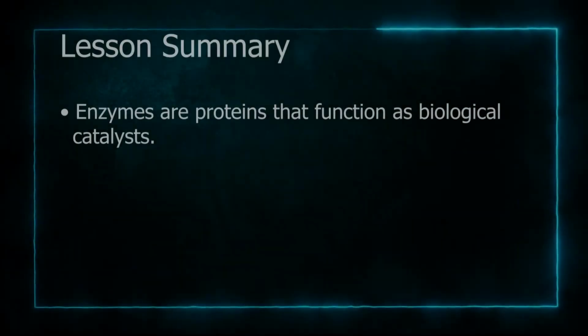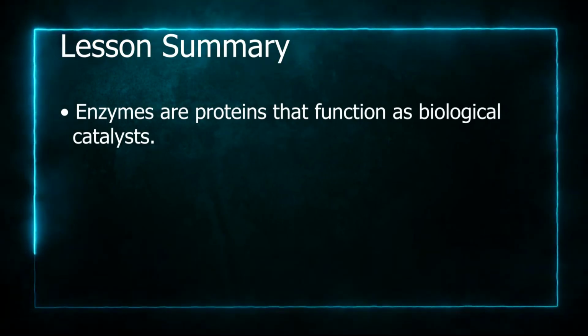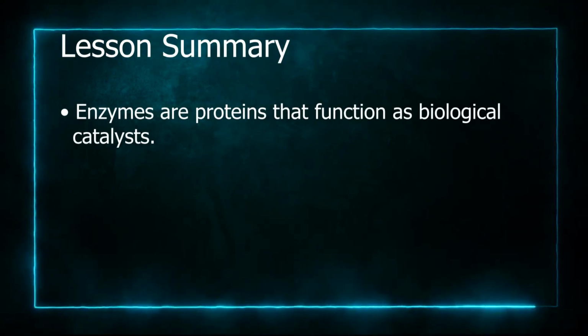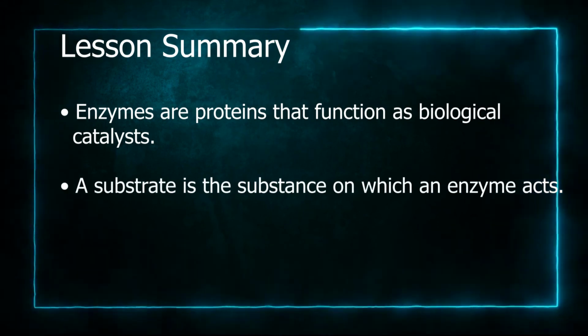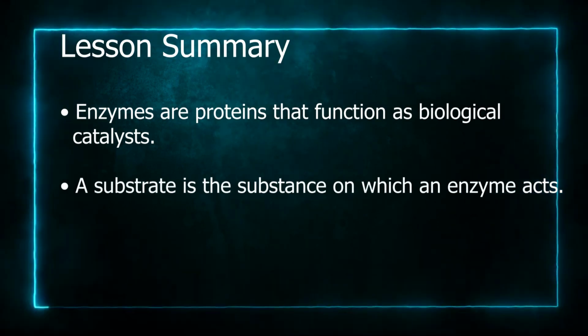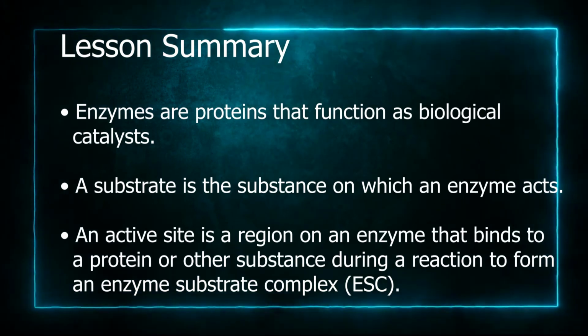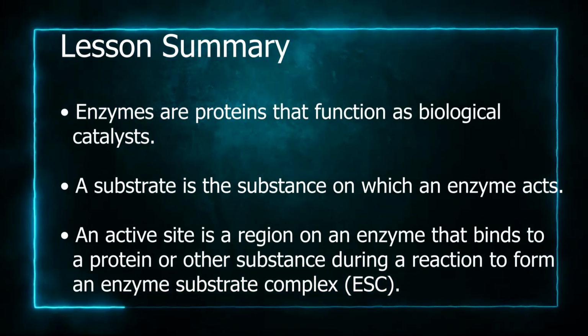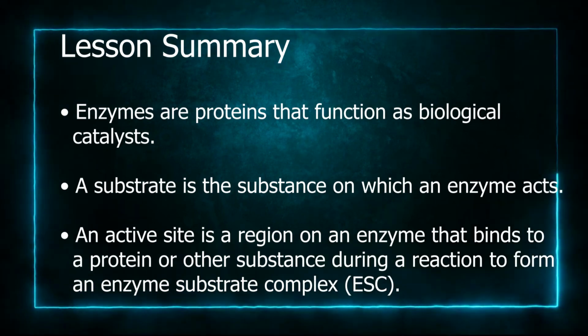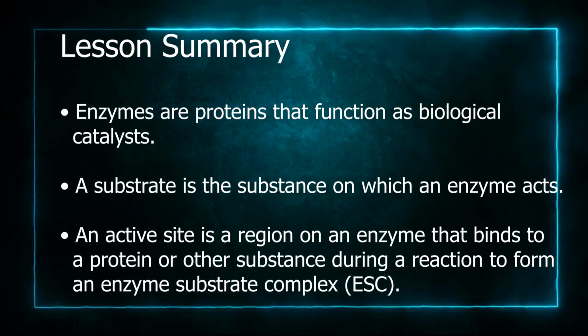Now that you have come to the end of today's lesson, let us look into what we learned about enzymes as biological catalysts. Today we learned that enzymes are proteins that function as biological catalysts. A substrate is the substance on which an enzyme acts. An active site is a region on an enzyme that binds to a protein or other substance during a reaction to form an enzyme-substrate complex.